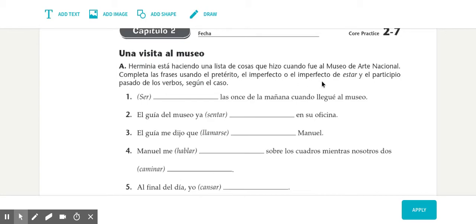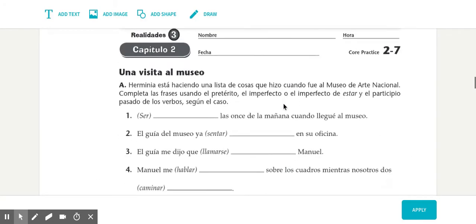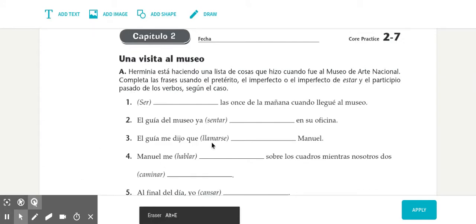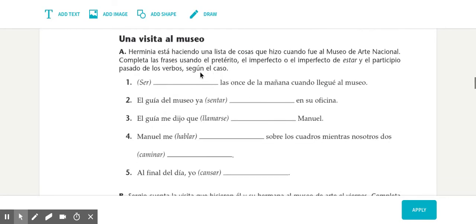So use the imperfect of estar with the past participle that we just did before. Según el caso means according to the case, so according to whatever works in the context here.